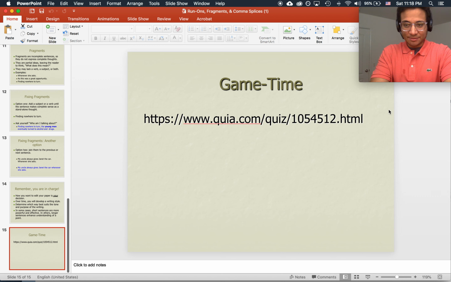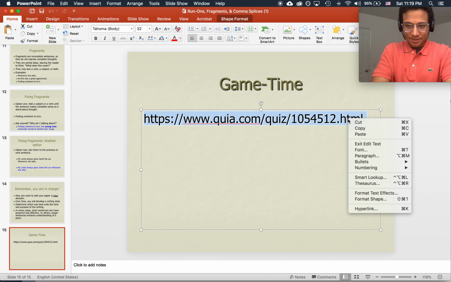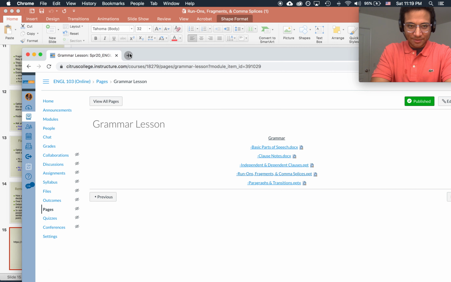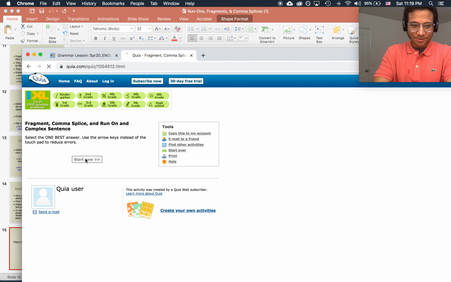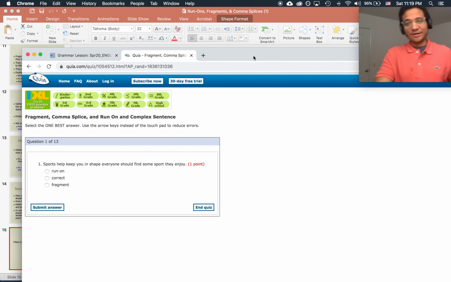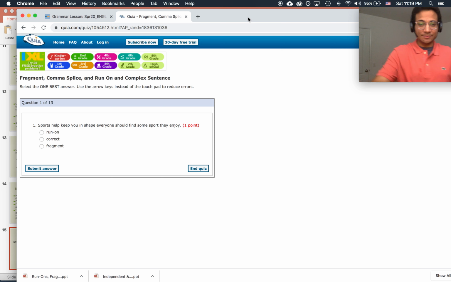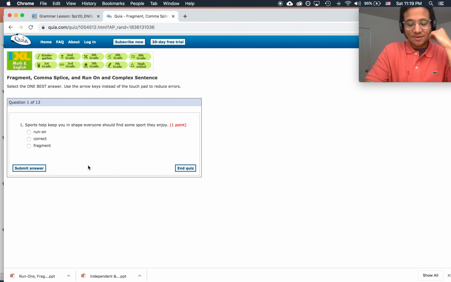Okay, now try it out. Go to game time. Let's go ahead and highlight this and copy it. What happened to the Chrome I had open? There it is. So go ahead and paste that in and go to start. This one is identifying if it's a run-on, if it's correct, or if it's a fragment. Check this out. Sports help keep you in shape. Everyone should find some sport they enjoy.